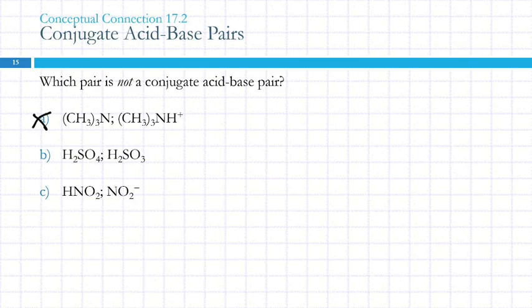H2SO4 and H2SO3. They're real similar, but they differ in the number of oxygens, right? That's not a conjugate acid-base pair. And then let's just look at this one down here. HNO2 and NO2-. Is that a conjugate acid-base pair? Yeah. Any questions?